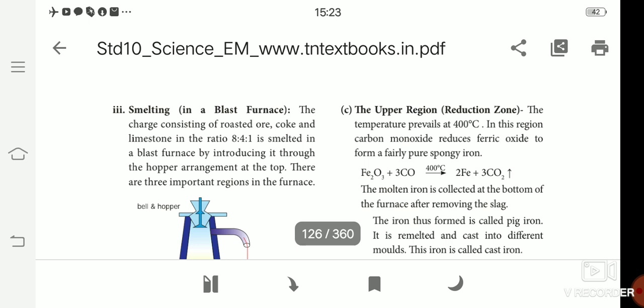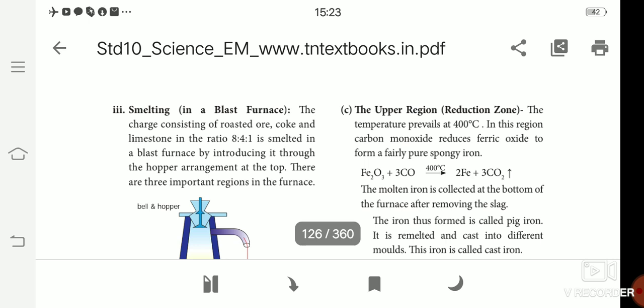C plus O2 gives CO2. Heat is evolved, so it is an exothermic reaction, since the heat is liberated.